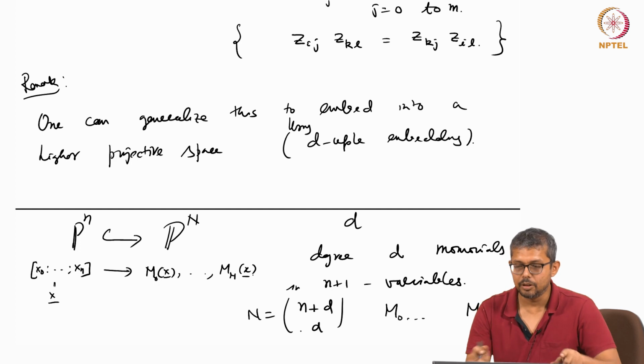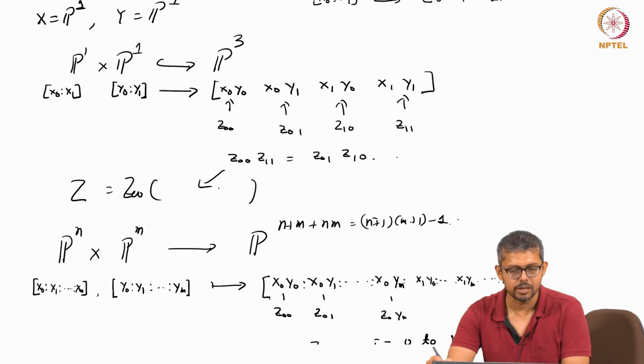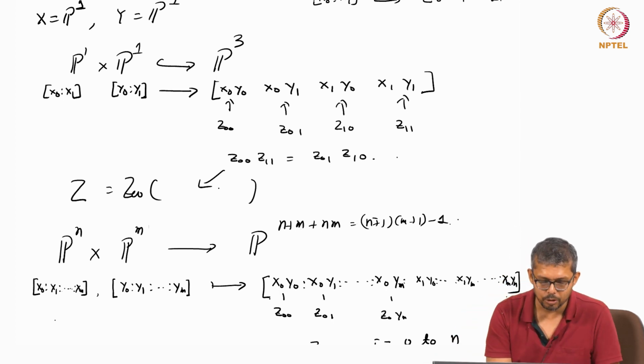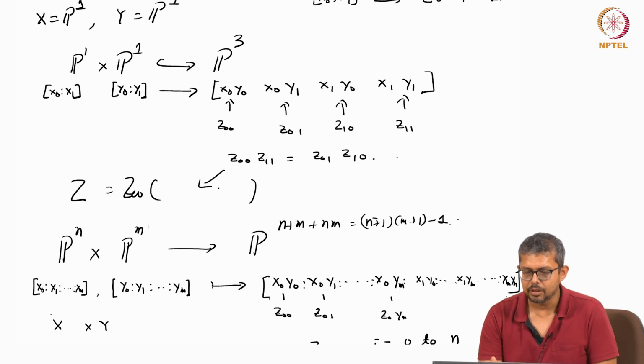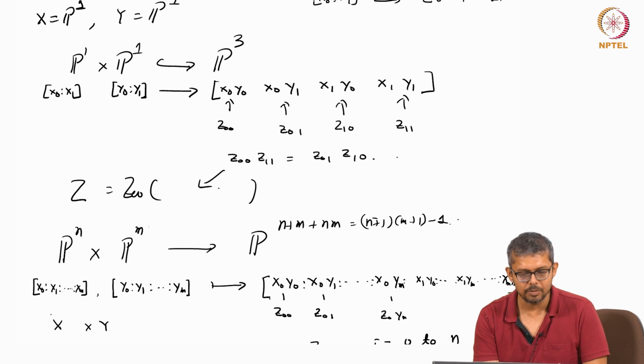Now you take the image of x cross y, which is a closed subset, and you put it inside. I have not done this exercise, but it is a fact that these maps are proper.